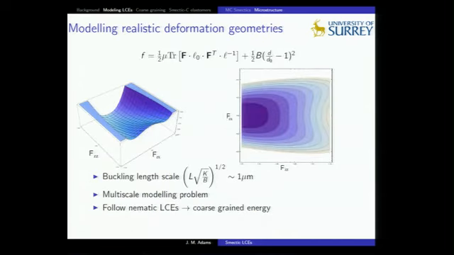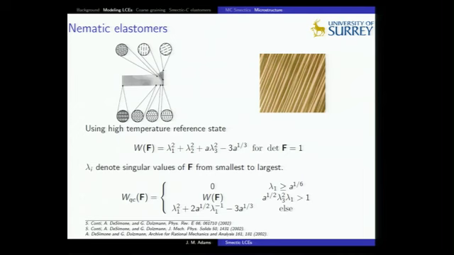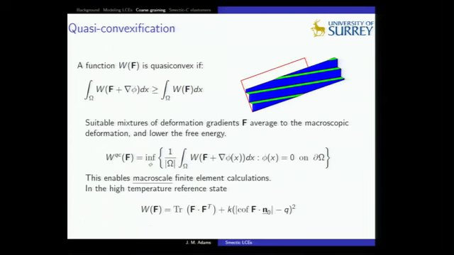So choose deformations that are in these energy wells, but average macroscopically so that they give you the deformation of the sample that you require. And then if you can make a sufficiently fine mixture of these, you can obey the boundary conditions. And then we can put this sort of energy into a macroscopic finite element calculation and work out what happens when we deform our sample.